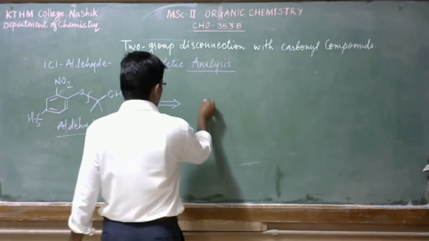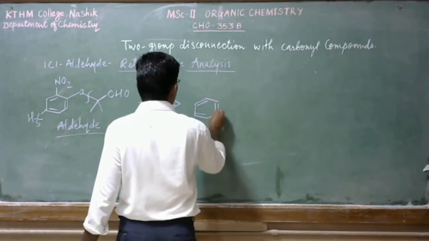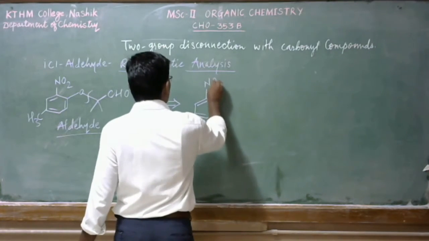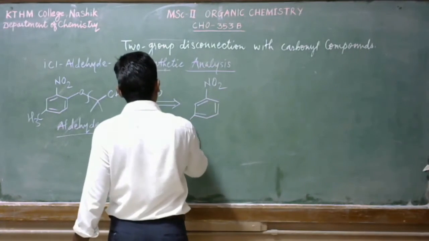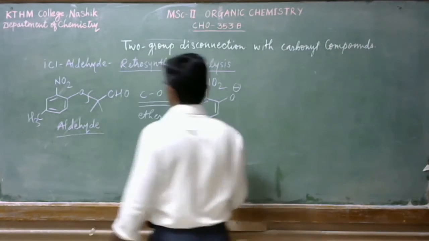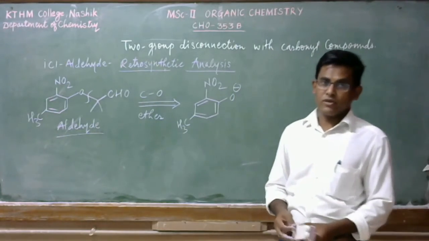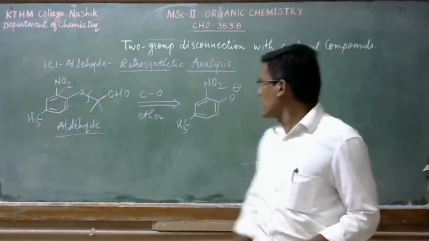So we will get these two synthons. On oxygen, since it is more electronegative, it tends to have the negative charge.